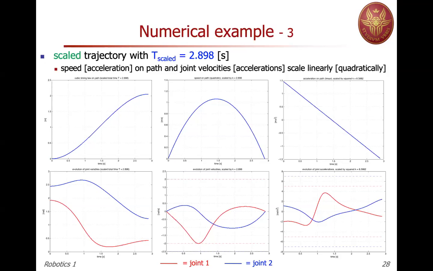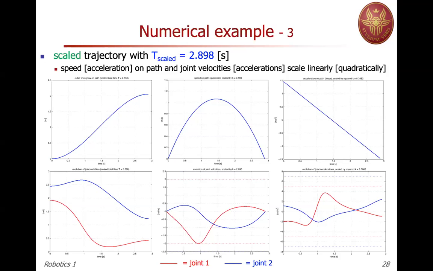So we are tracing exactly the same configuration, but now at scaled time, because we complete the motion not in 1 second, but in 3 seconds. So these are exactly the same plot as before, but now stretched in order to reach the final configuration at the new time, which is t scaled about 3 seconds.